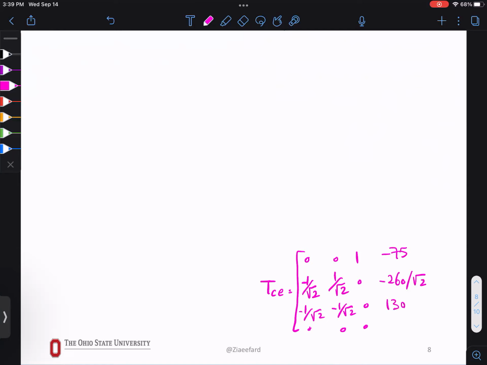This is in your book, so you can also find this from your book. If there's any mistake, blame your author, but I checked, this is fine. So this is your final solution, your final transformation. E, which is the object, with respect to C, which was the grabber, right?